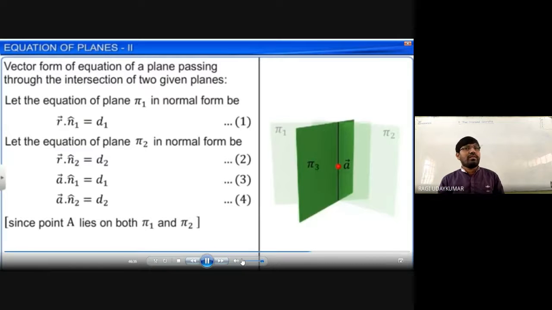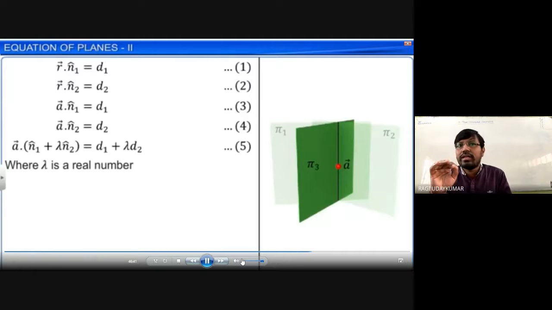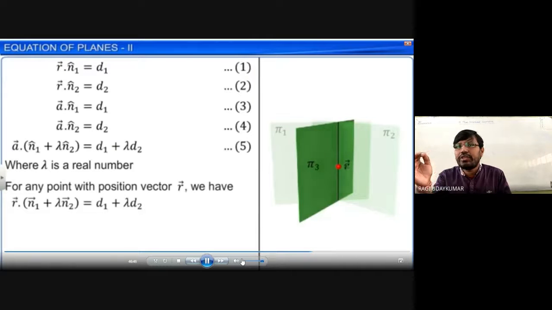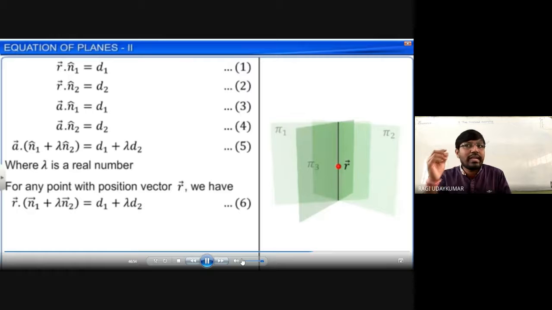So from this we get R bar dot (n1 plus lambda n2) is equal to d1 plus lambda d2. R bar is an arbitrary point; if we consider a particular point, then we would have to take a specific R. Here arbitrary means any vector, any point on the intersection. So R bar dot (n1 plus lambda n2) is equal to d1 plus lambda d2.